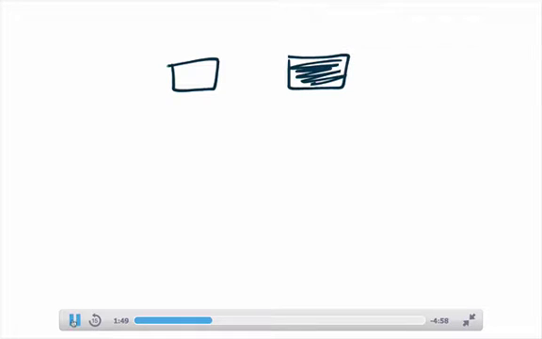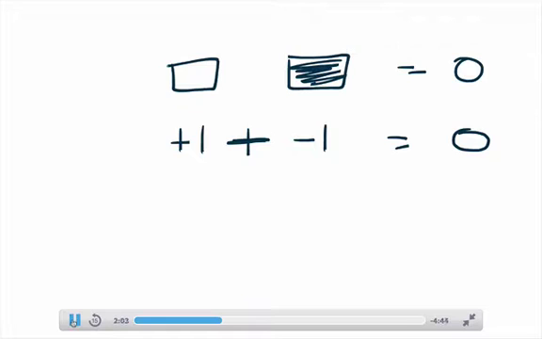A zero pair is the idea that if you have a positive tile and a negative tile, and you put them together, what do you get? The answer is 0. Because +1 and -1, when you put them together, give us 0. Just like if I have +2 and -2, or +3 and -3, they will always cancel out.